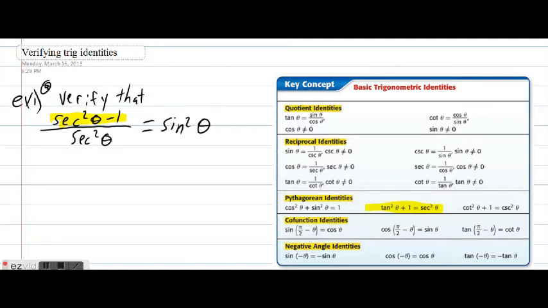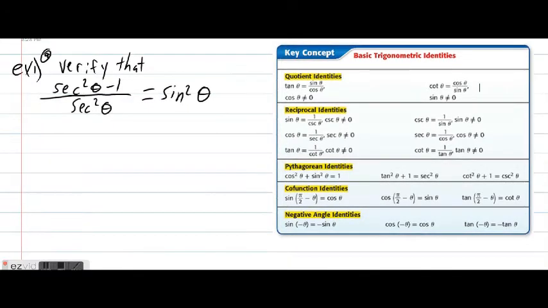But the only reason why I'm holding off doing that is I'm looking at this thing and I said, well, let me do a little bit of algebra to this. I look at secant squared minus 1 over this. I can rewrite this as secant squared theta divided by secant squared theta minus 1 over secant squared of theta.